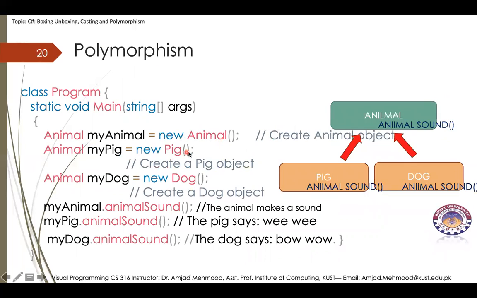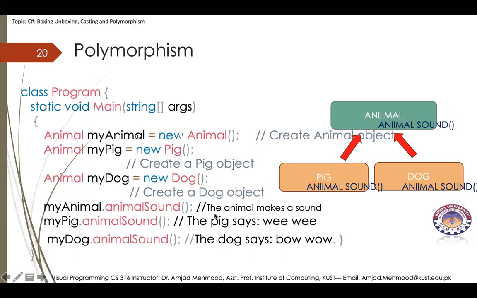Here we first make an object of our parent class, and then I make an object of my derived class, that is pig, and assign it to my parent class, and then I make an object of the dog class and assign it to my parent class animal.